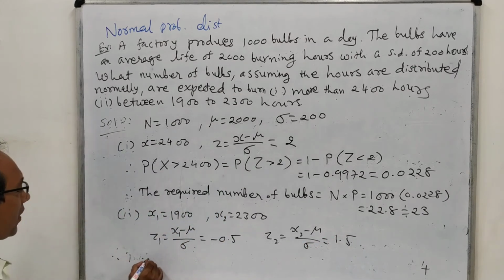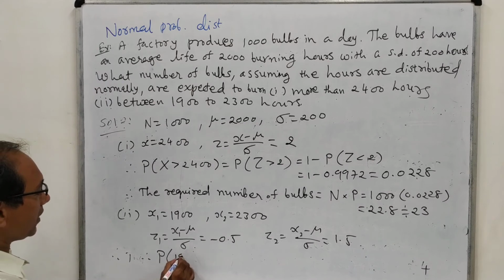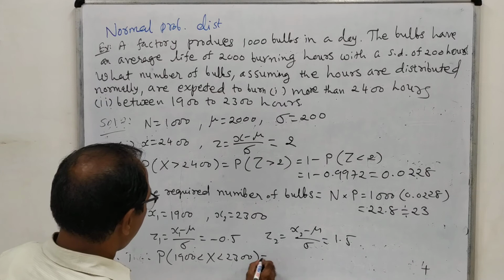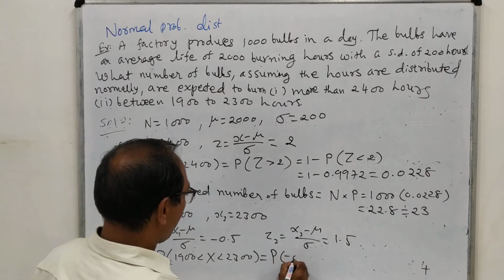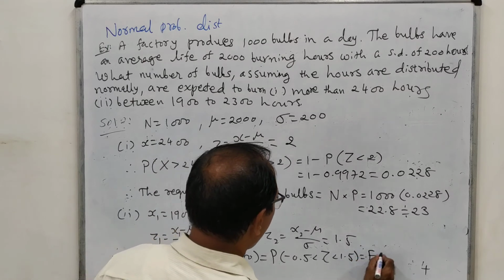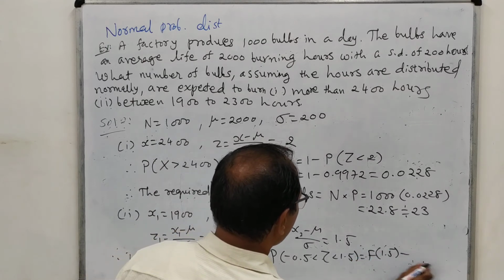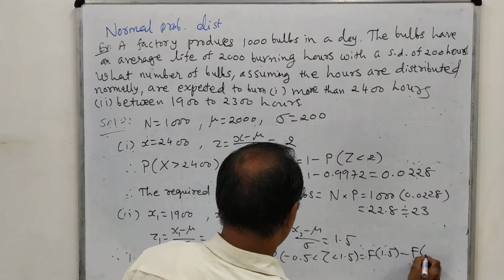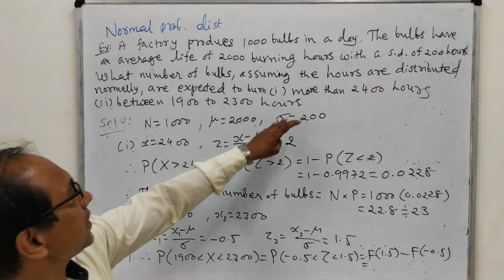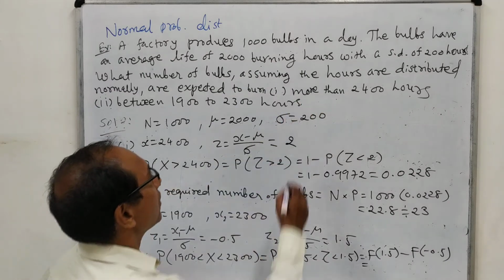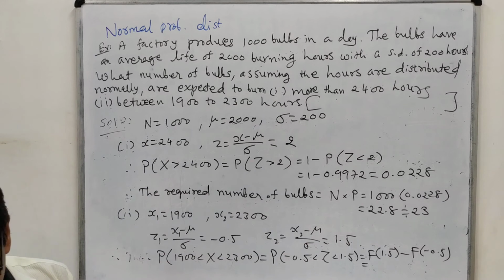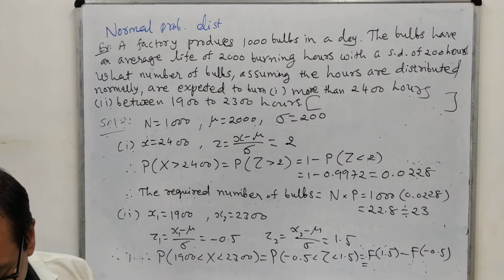Therefore we need the probability for 1900 less than capital X less than 2300, which is the probability of minus 0.5 less than Z less than 1.5. This is F of 1.5 minus F of minus 0.5, and you can find the probabilities from the table. In an exam, you will be given all the required values directly, so you can write them down from there.